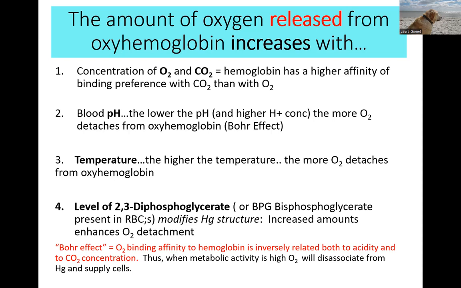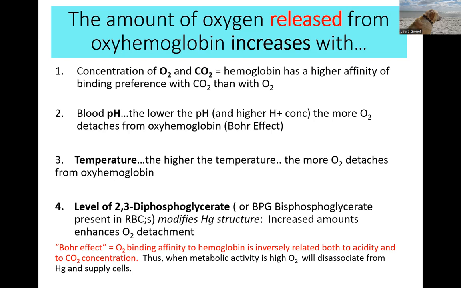All right, so these should kind of make sense after a while. This one not so much, but you just kind of have to work your way through it, memorize it, so to speak, just like the way ventilation and perfusion coupling work together. But the level of what's called 2,3-diphosphoglycerate or bisphosphoglycerate, this is a molecule in red blood cells. And as it increases, it modifies.